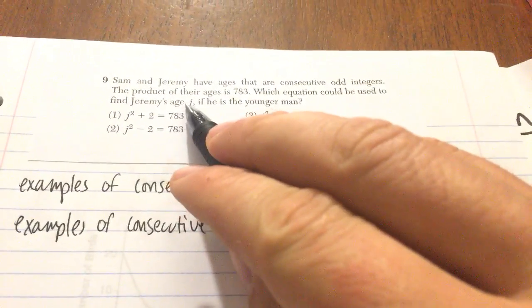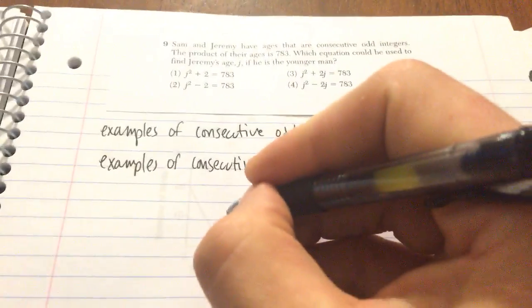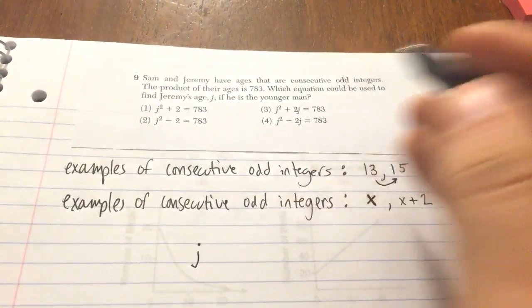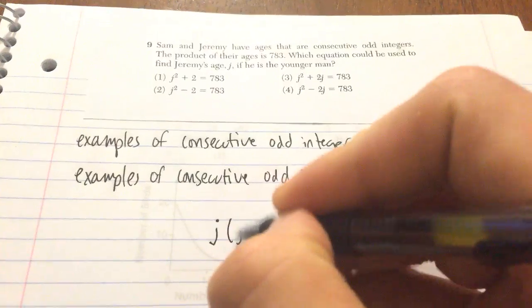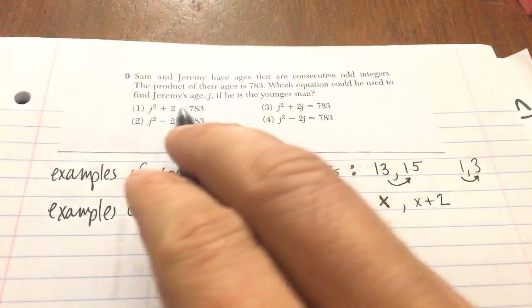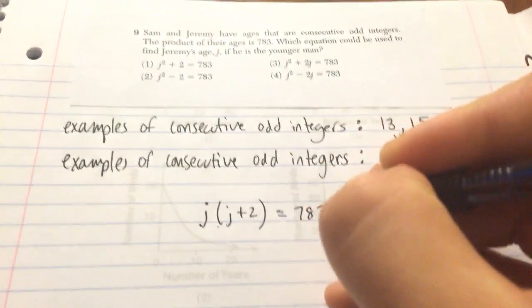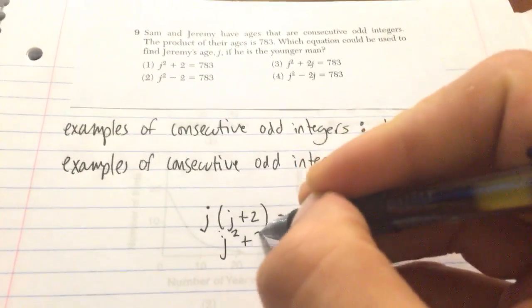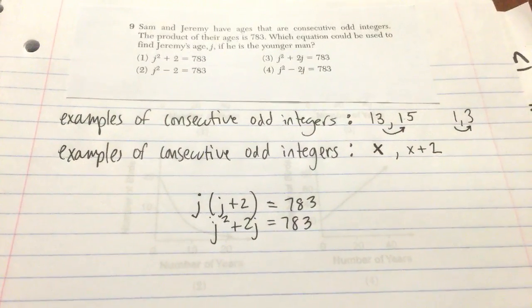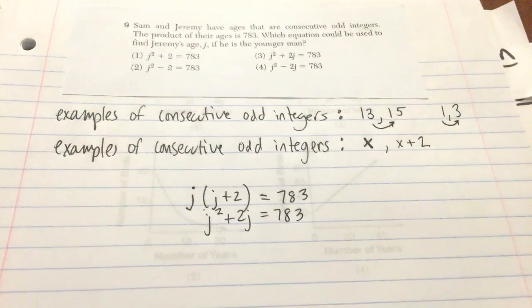In this case, Jeremy's age is J. So if this is his age, J, and then the consecutive odd integer of that would be J plus 2. Now, why am I multiplying? Because it says the product of their ages is 783. Simplifying this, you have choice 3.